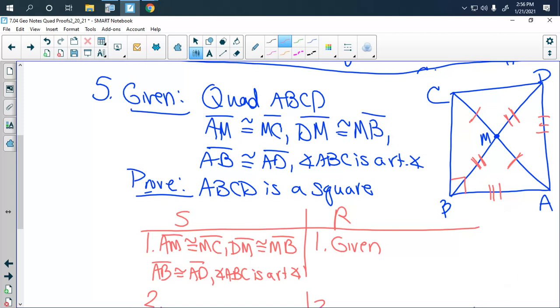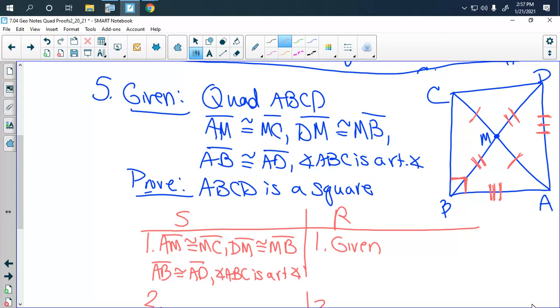All right, so once it's a parallelogram, now I could get it to be a rectangle because I have a parallelogram with one right angle, which makes it a rectangle. And then to get it to be a rhombus, if a rectangle has two congruent consecutive sides, which we do right here, it's then a rhombus. So not a whole lot of concluding besides getting it to be the parallelogram.